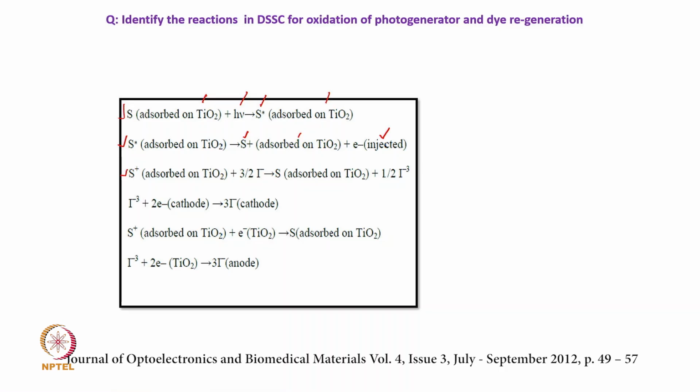absorbed in TiO2, it interacts with I minus of the redox couple, which we have discussed in the dye sensitized solar cell.